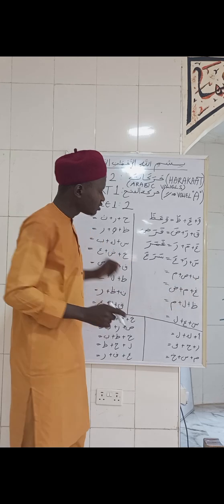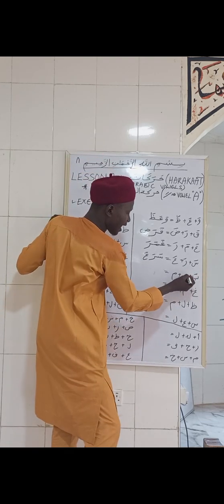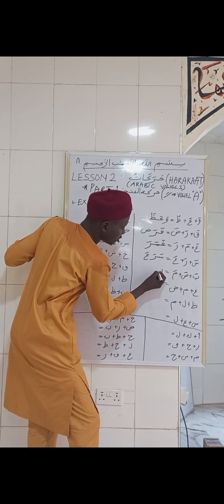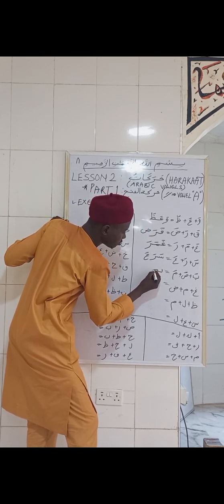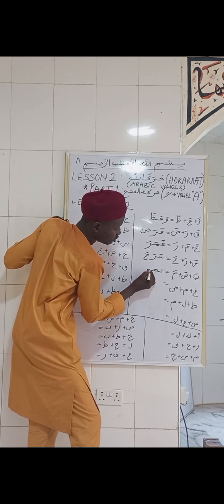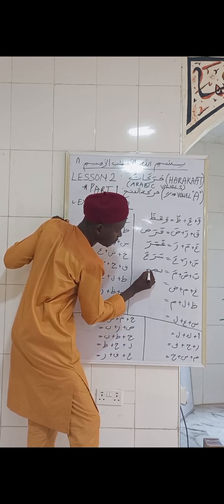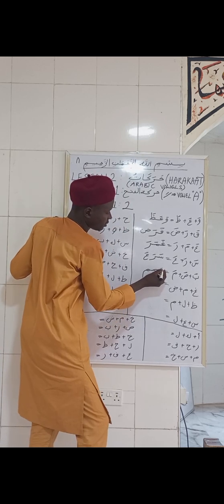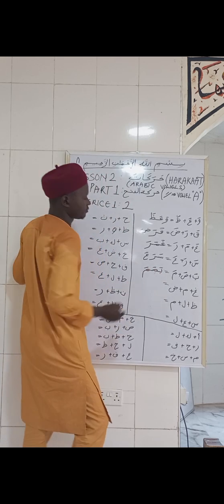So now this one is what? Ba, sad, ma. So ba can be joined with sad, and sad equally can be joined with mim. So it becomes ba, sad, ma.